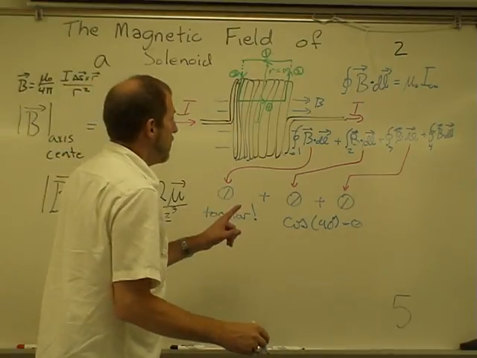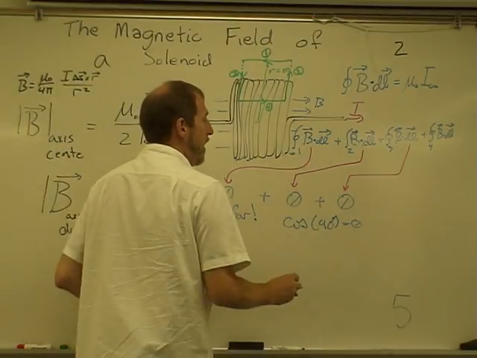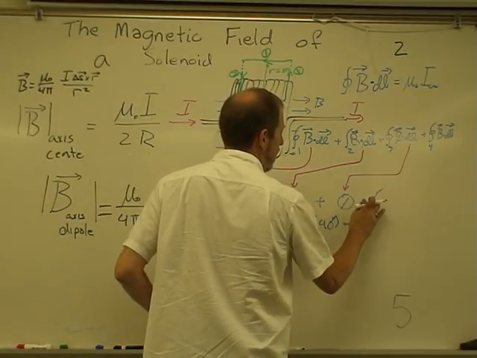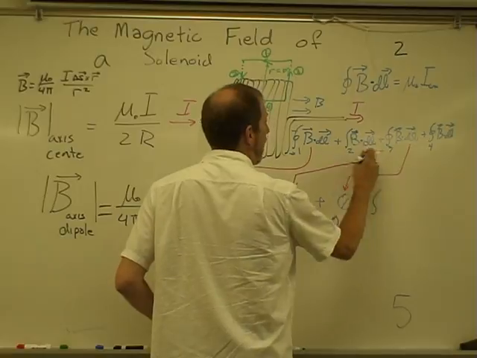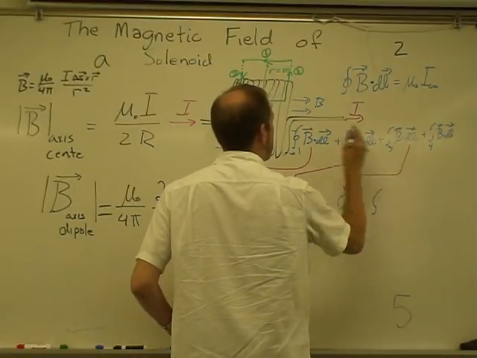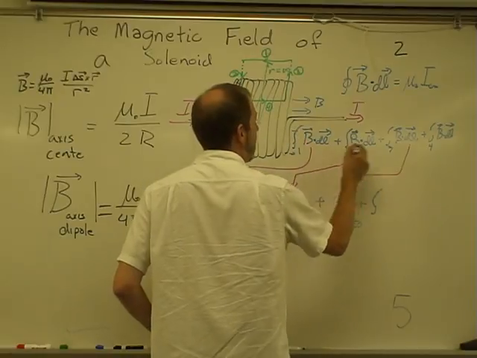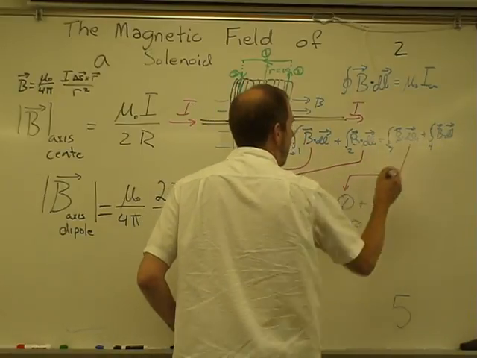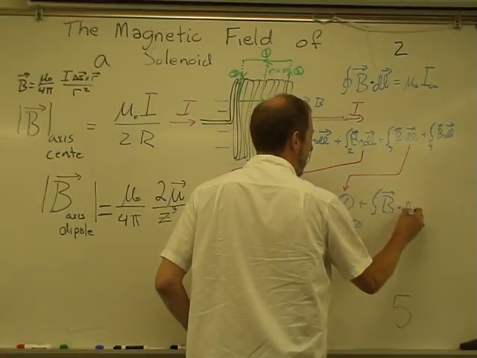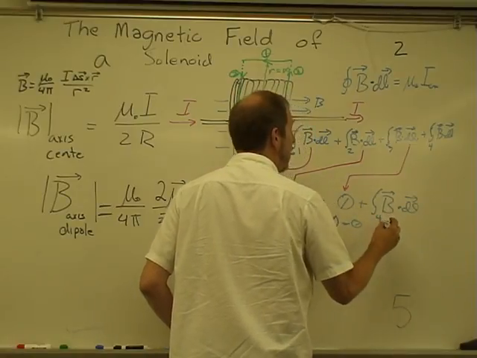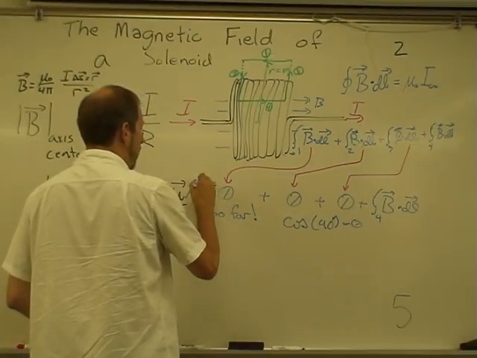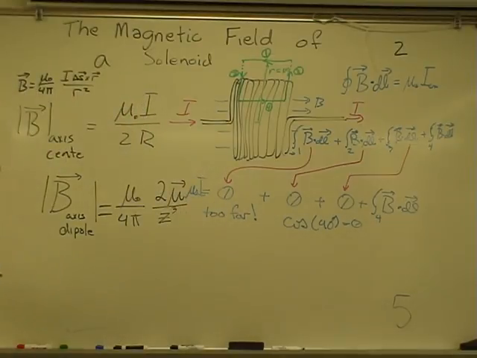So I'm left with B dot dl on segment 4. Together they are one closed path. So we've got the integral of B dot dl over segment 4, and that's equal to mu naught times the enclosed current.